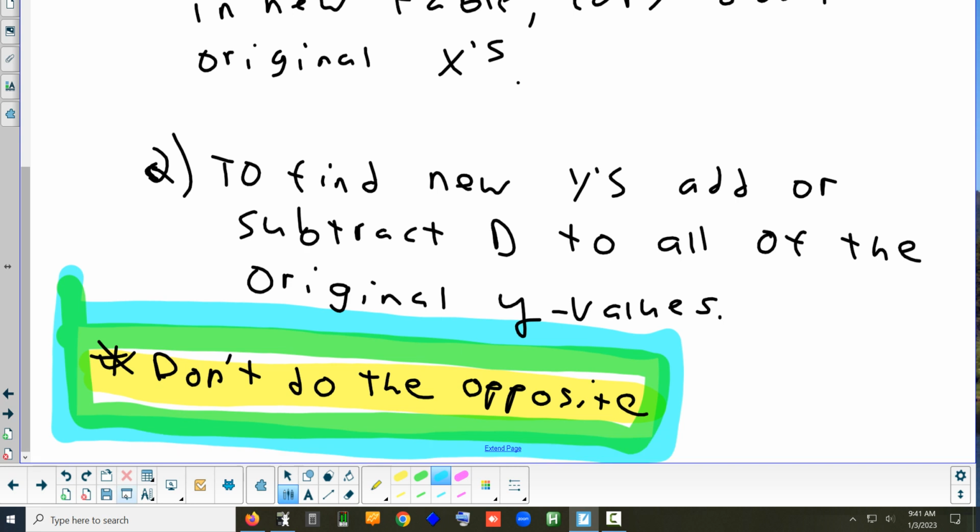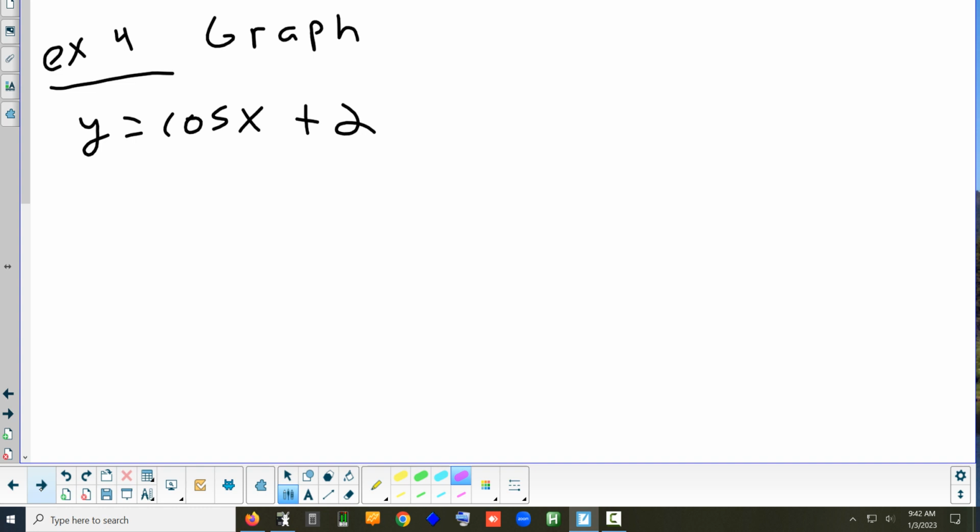Don't do the opposite. Okay, so when we're doing a vertical shift, do we do the opposite? No.